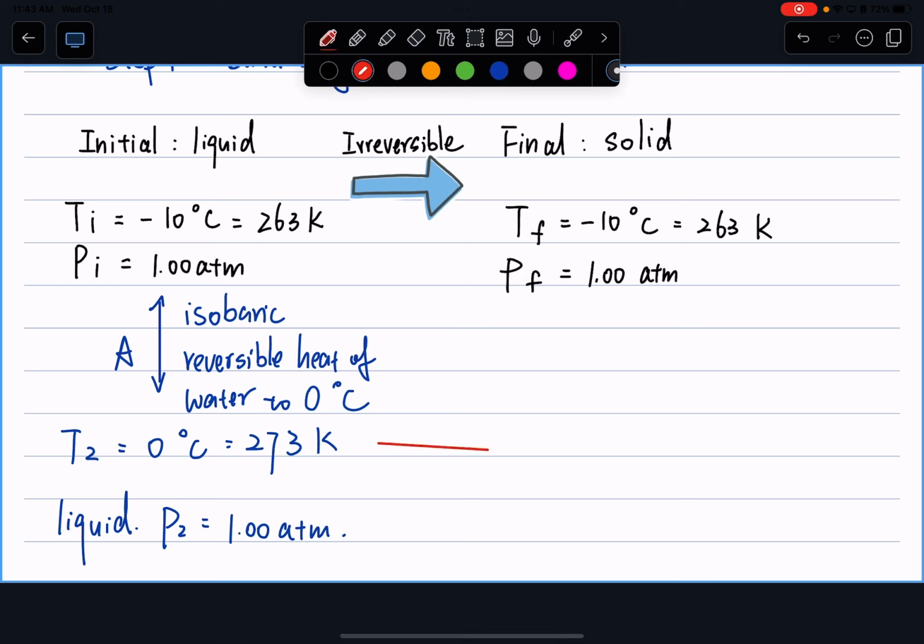Now we need a different reversible process. We have raised the temperature of our supercooled water to 0 degrees Celsius, which is the melting point of ice. So you can now imagine a reversible phase change between water and ice at 0 degrees, the melting point.